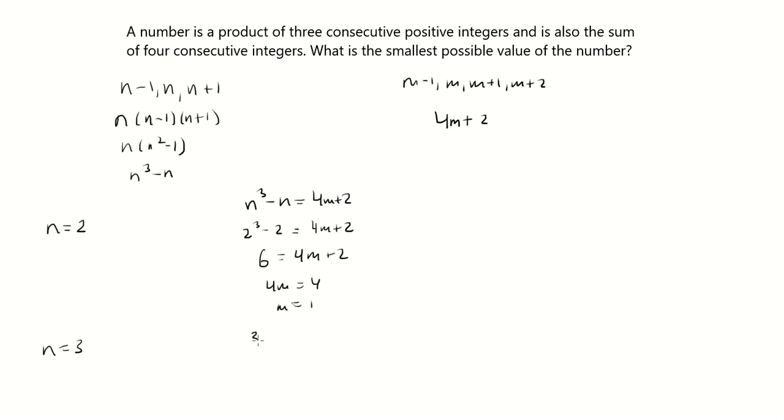So for 3, we have 3 cubed minus 3 is 4m plus 2. So 3 cubed, 27, minus 3 is 24, equals 4m plus 2. We know that this is not going to work because 4 times 6 is 24 and we have an extra 2. So that's 22 equals 4m, and that's not going to be a whole number.